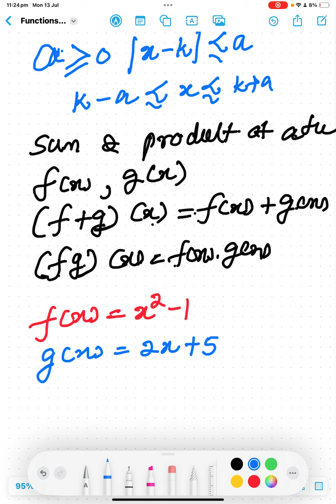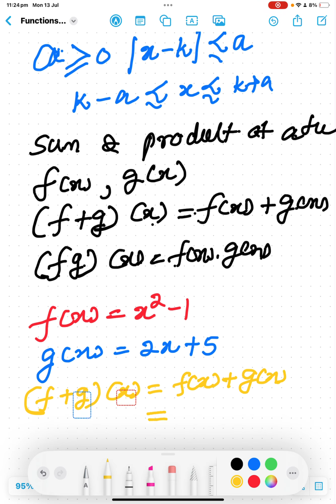What is the sum of these functions? (f plus g)(x) is equal to f(x) plus g(x).